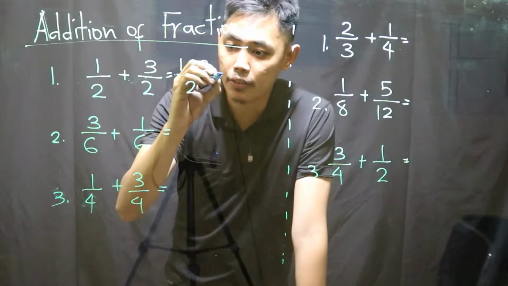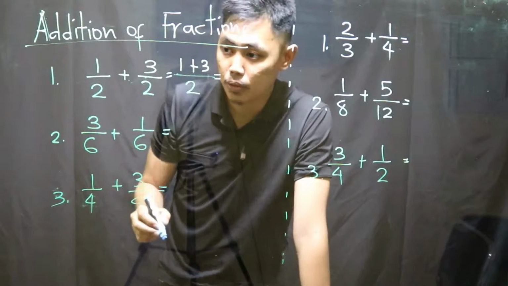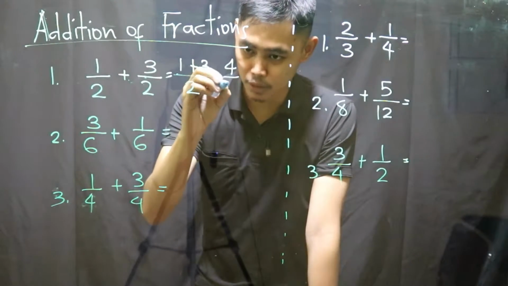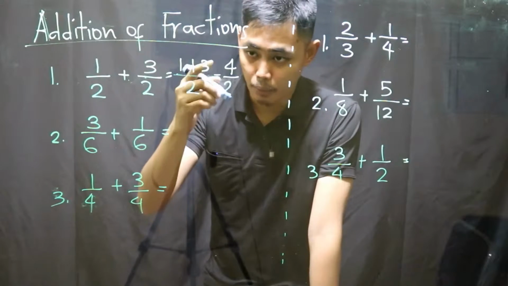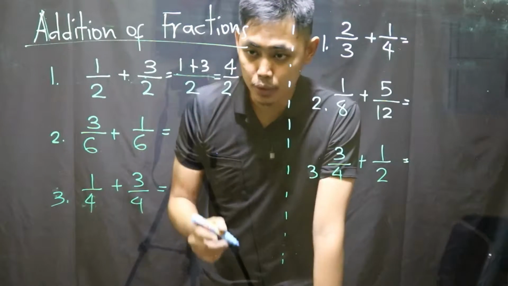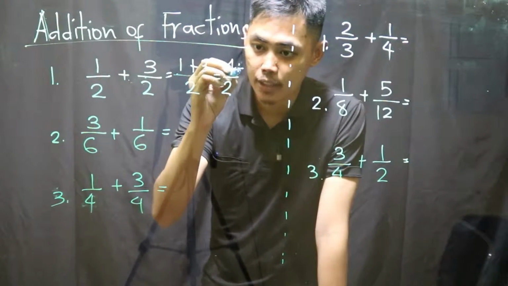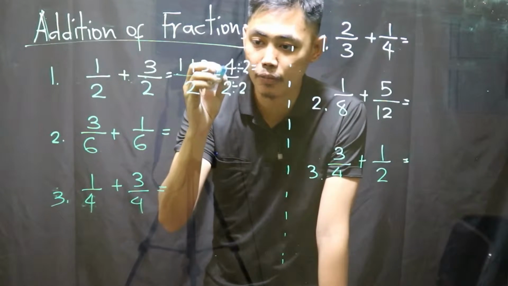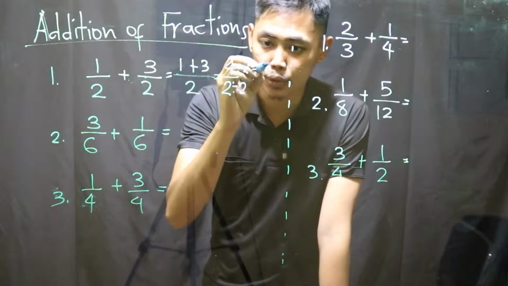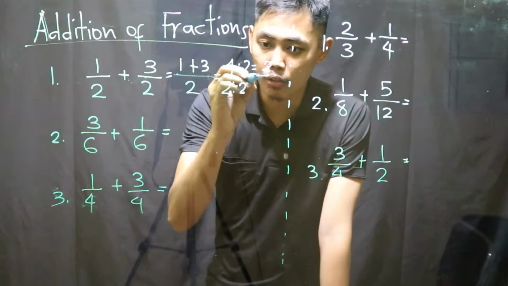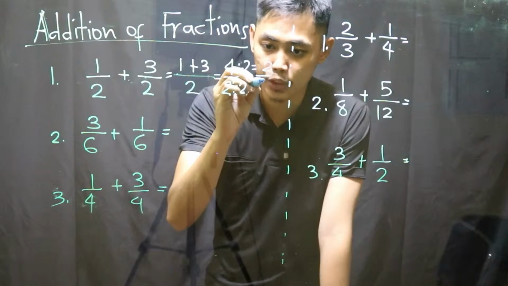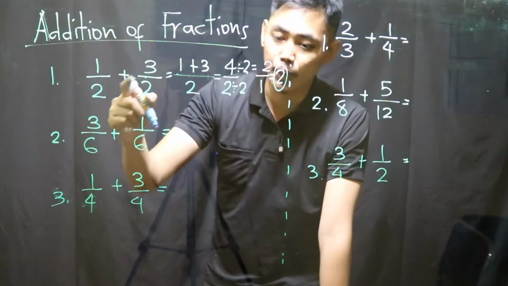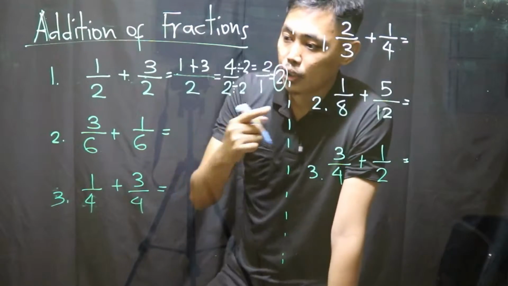So 1 plus 3 is equal to 4/2. We can convert this to lowest term. We can divide the numerator and denominator by 2. So 4 divided by 2 is 2, over 2 divided by 2, that's 1. Or we can just say 2. So the answer of 1/2 plus 3/2 is 2.